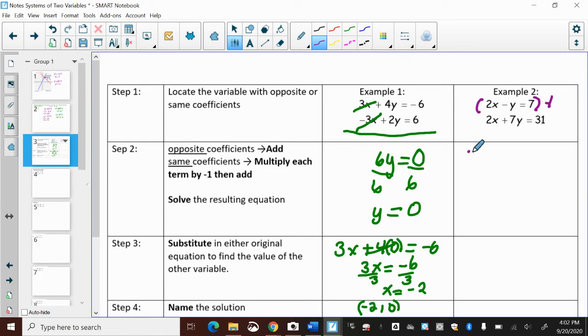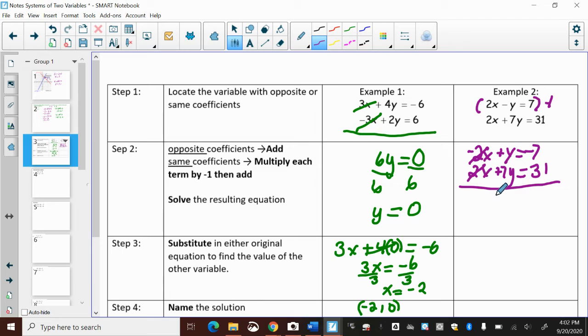So we're going to wind up with minus 2x plus y is equal to negative 7. Bringing down the second equation, 2x plus 7y is equal to 31. Now when we add these up, the x's cancel out.